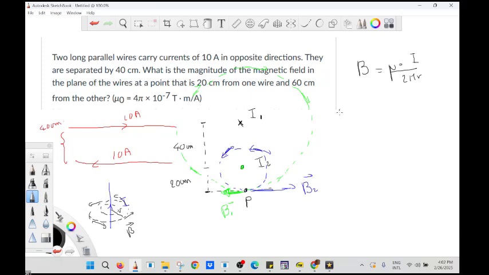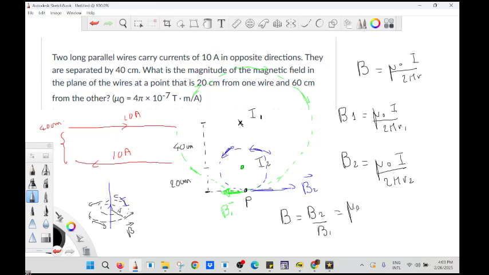Okay, so we have two vectors, but you see you have to subtract them. So B1 is mu0 I over 2 pi R1, and B2 in magnitude is going to be the same I, but now we have 2 pi R2. Okay, so B in magnitude will be B2 minus B1.